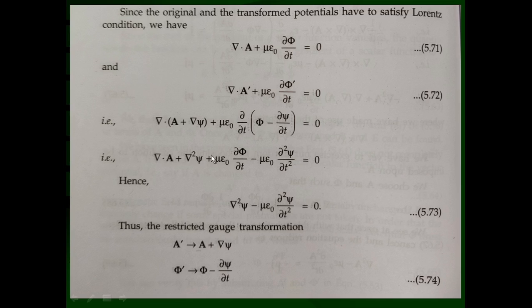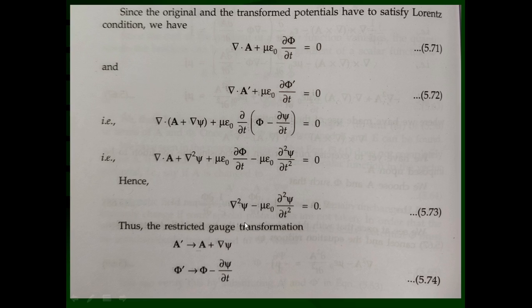Now, there are 4 terms, but out of these 4 terms, the first and third terms, divergence of A plus mu epsilon 0 del phi upon del t, are equal to 0. So the summation of the first and third terms is going to be 0, and the second and fourth terms remain, and hence del square psi minus mu epsilon 0 del square psi upon del t square is equal to 0.